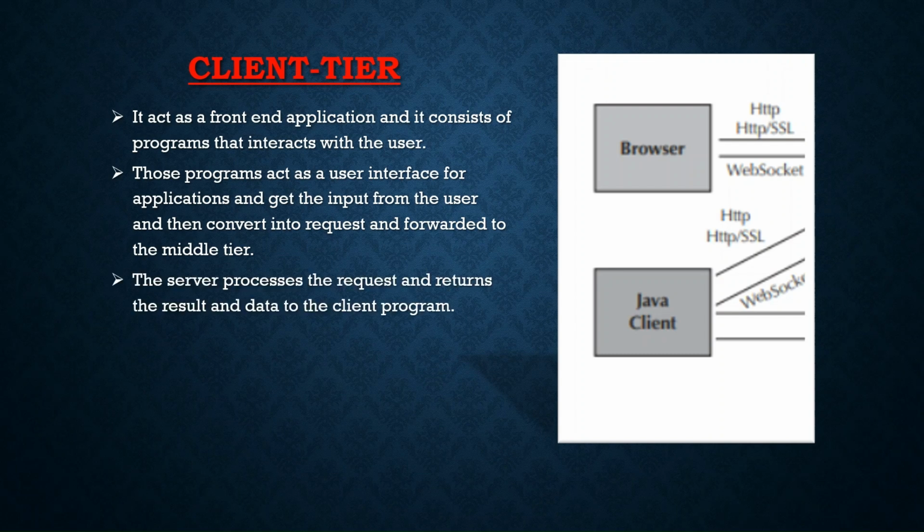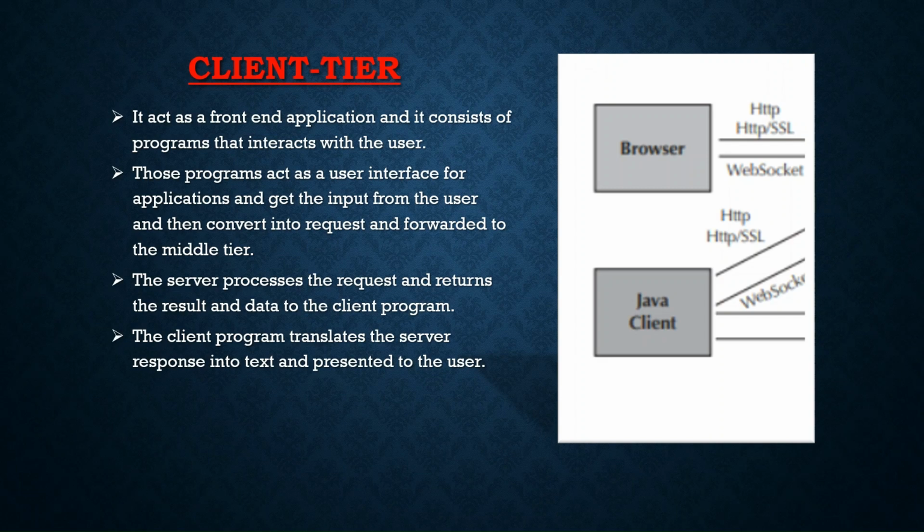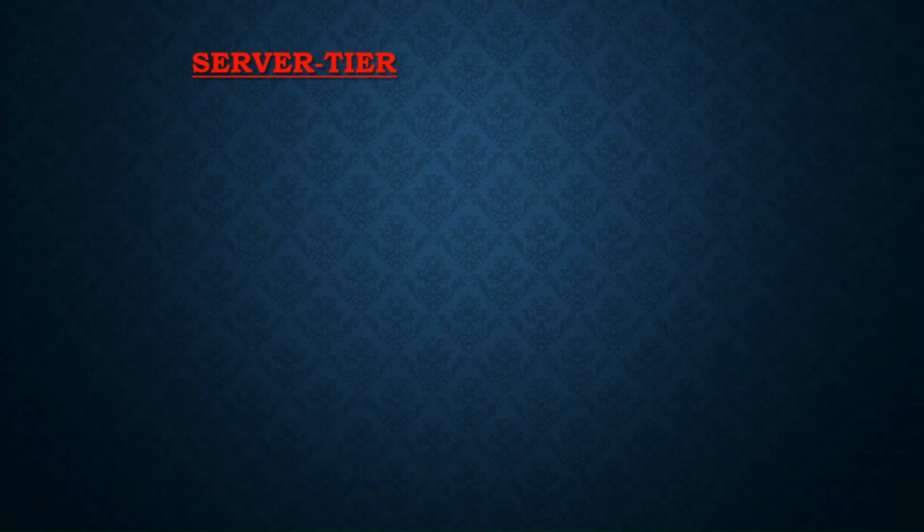The server processes the request and returns the result and the data to the client program. The client program translates the server response into text and presents it to the user. Through this tier, client can make a request to the middle tier, server tier.